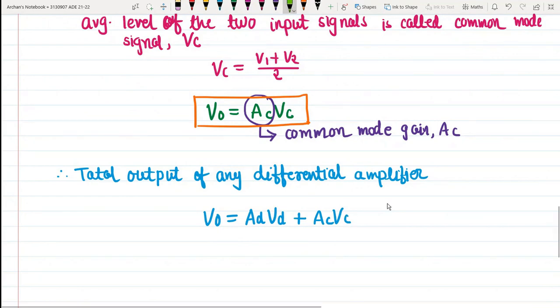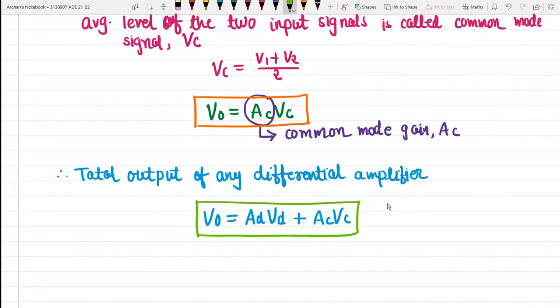Okay, so this will be our output voltage of a practical differential amplifier.